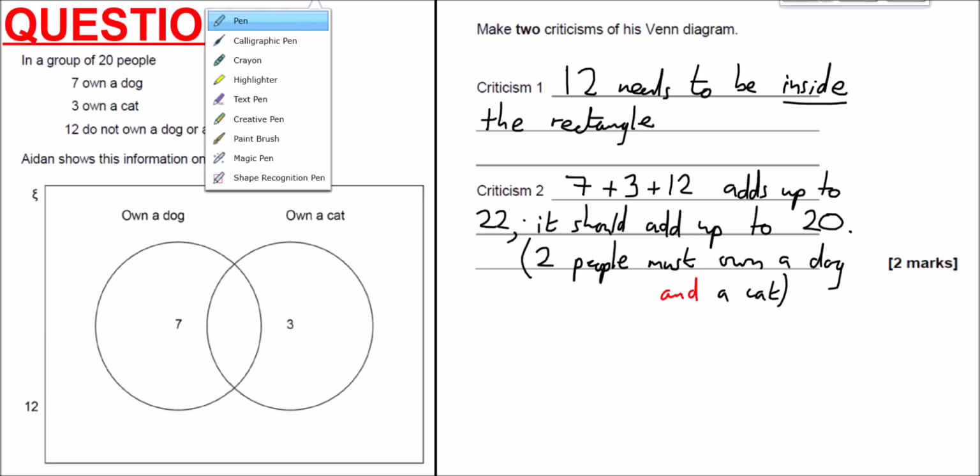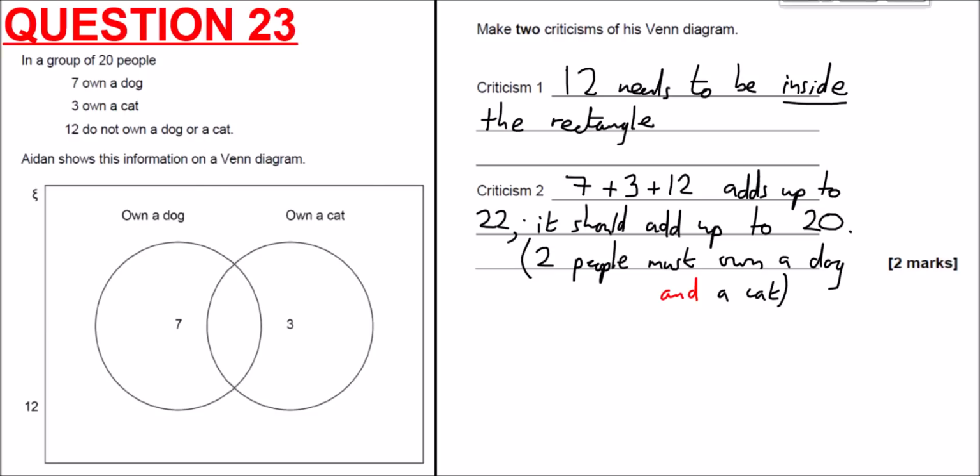In terms of making this Venn diagram correct, what it should look like is this. So that 12 should go on the inside. 7 own a dog and 3 own a cat. Fair enough, we're not saying that's not right. What it should look like is that of these 7 people who own a dog, 2 also own a cat.